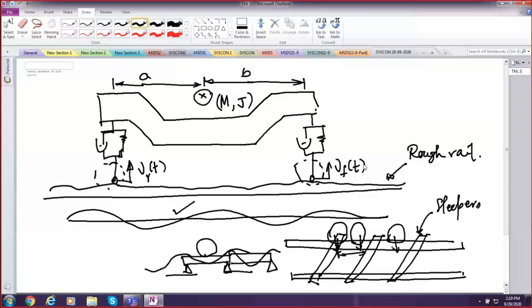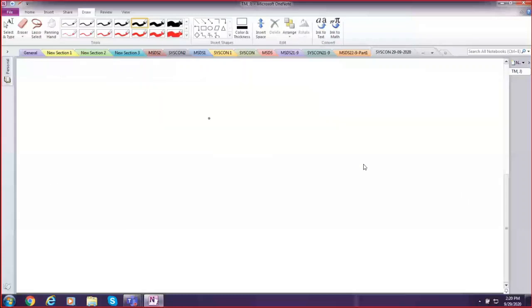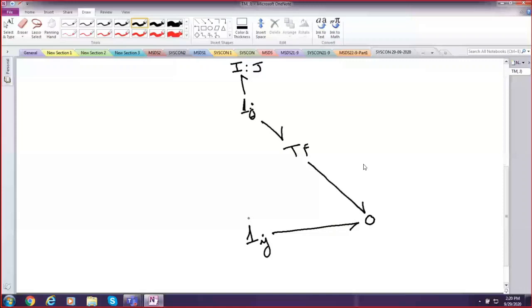Okay, so I will derive this equation directly. I draw the model: theta dot, J, transformer, 0, 1, y dot, RBs, M. So this is my general model.